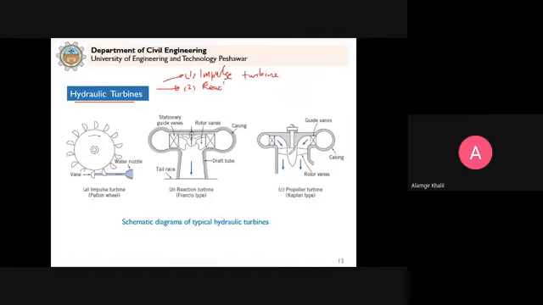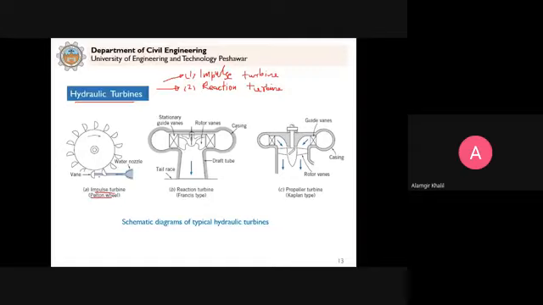We will study in detail the working of the two types of turbines, impulse turbine and reaction turbine. A very common example of an impulse turbine is the Pelton wheel.